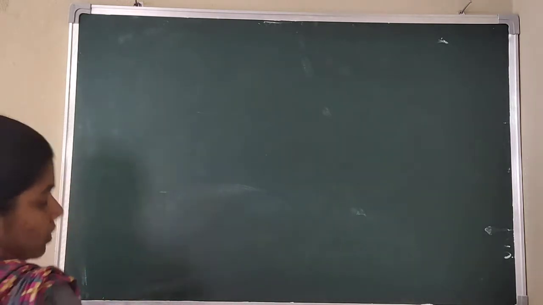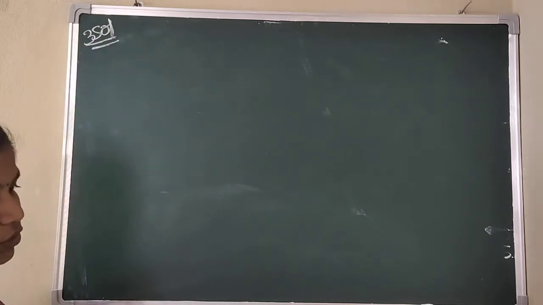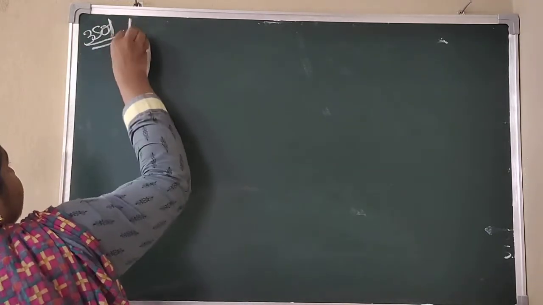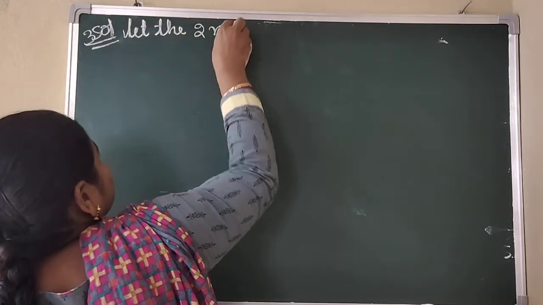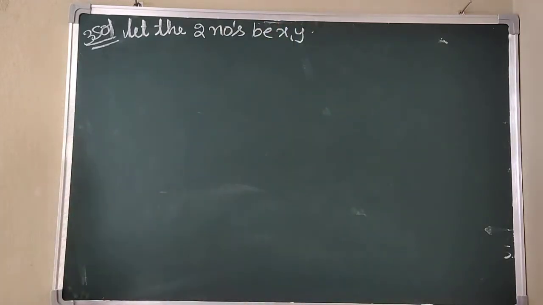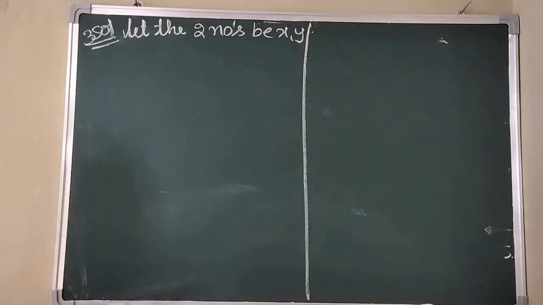So this is third solution. We don't know the two numbers, so we are taking them in the form of x and y. Let the two numbers be x and y. We have to find this x value and y value.